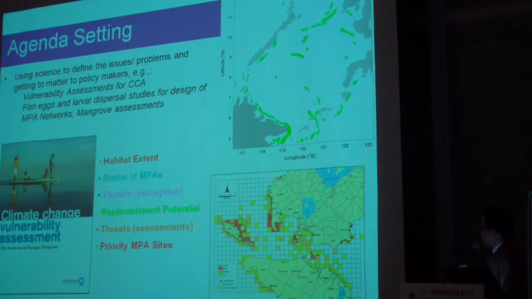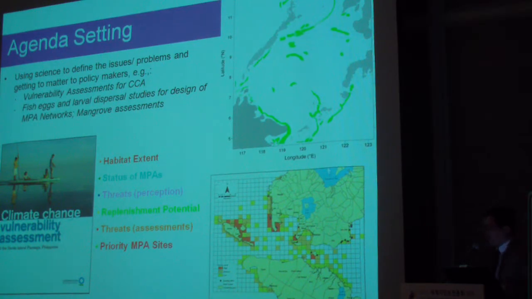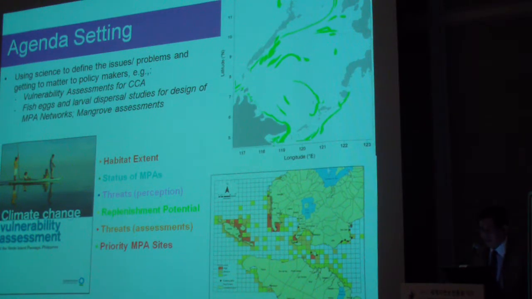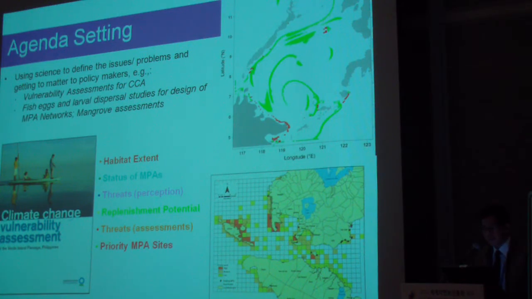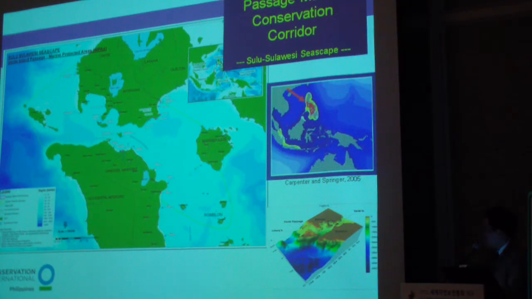So for these priority marine protected areas, we had some discussions internally and with the community in terms of why these areas are considered priority areas, and we also considered some climate change indicators in identifying them. And of course, we did the vulnerability assessment.